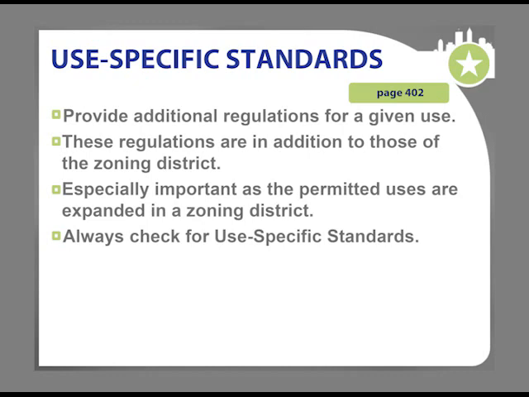These use-specific standards are especially important when a use is permitted in a zoning district that typically and in the past would not have allowed that use. The use-specific standards provide some additional regulatory framework. So when you're thinking about a use, be it single-family, attached, or a double, always check for the use-specific standards.